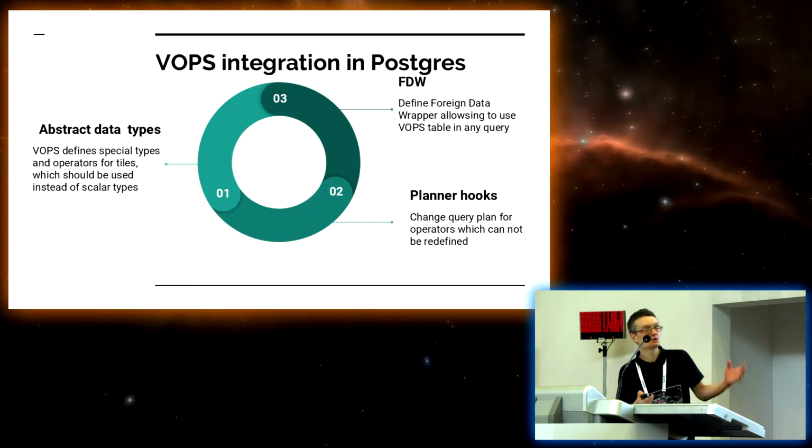These limitations can be circumvented using planner hooks. So Postgres creates a query execution plan, and then it allows calling certain user hooks that can do something else with this plan of query execution.